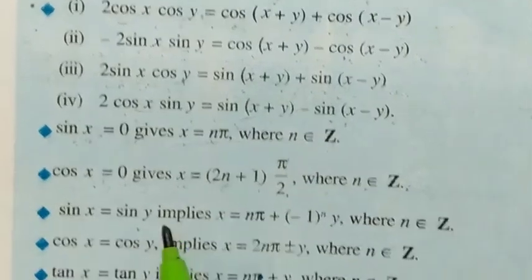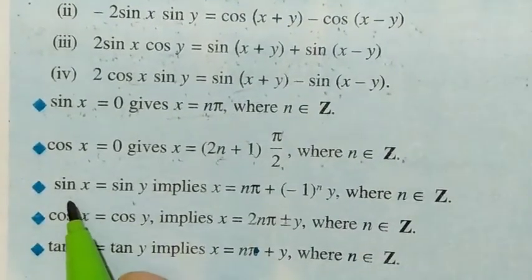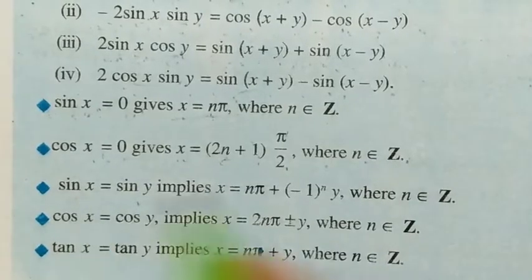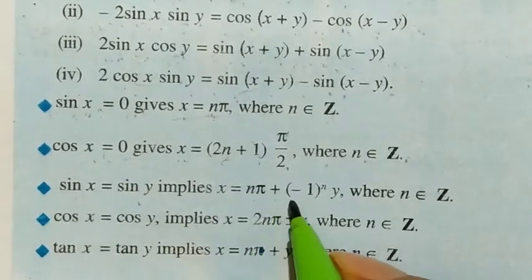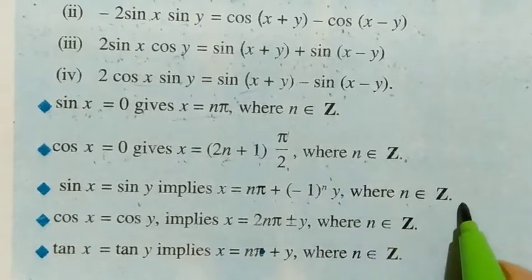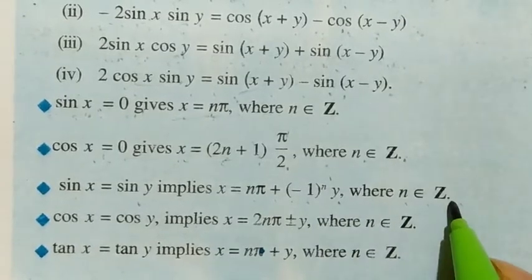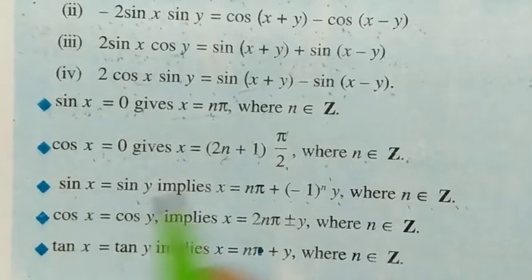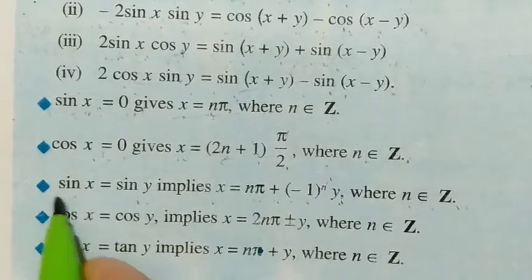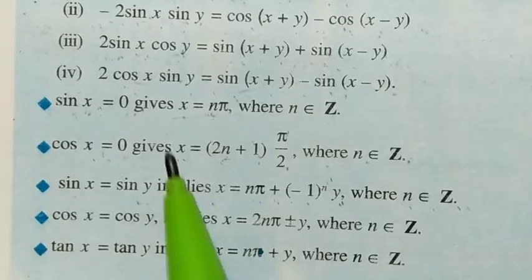So sin x equals sin y means x is equal to n pi plus minus 1 whole power n times y, where n belongs to Z, n is an integer. I'll explain these three after this.